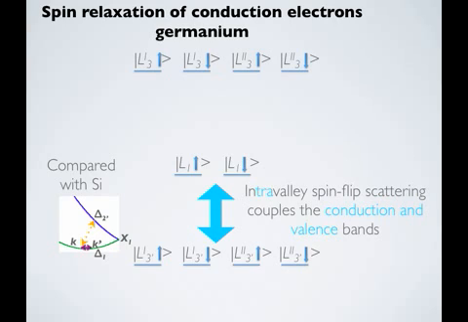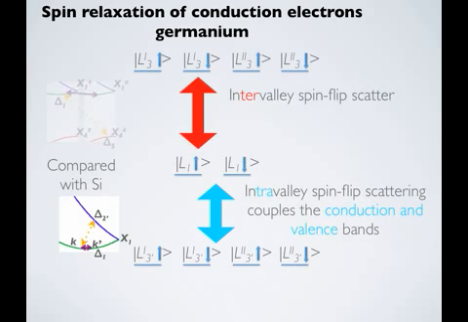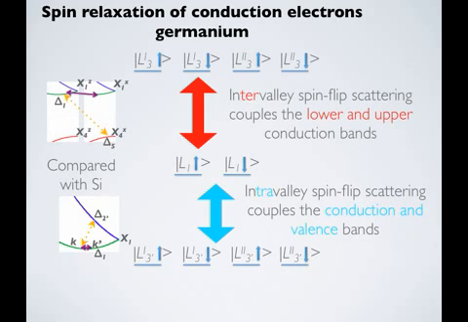The difference is that in silicon, this process couples the lower and upper conduction band. On the other hand, those k-independent terms kick in for the intervalley transition because the bases there are no longer orthogonal, and this is also similar to the case in silicon, while there the coupling is between the conduction and valence band, and here in germanium it is the coupling between lower and upper conduction bands.